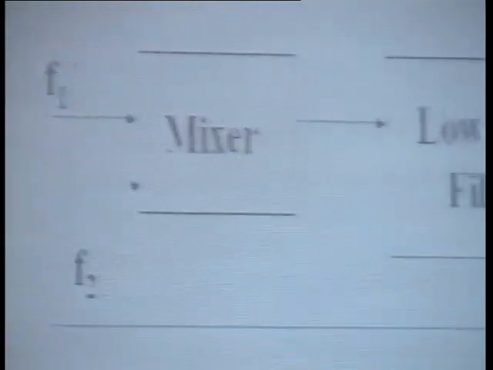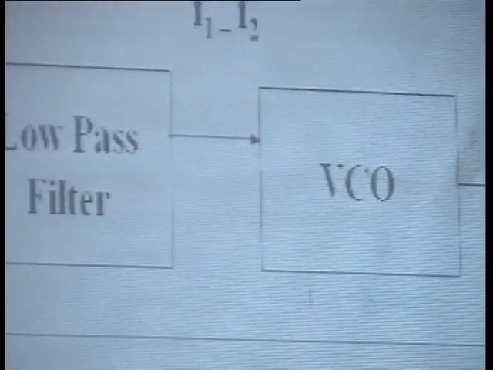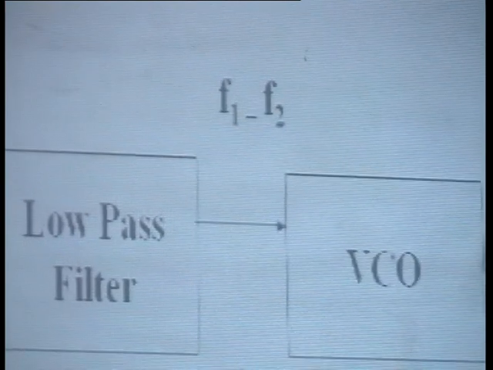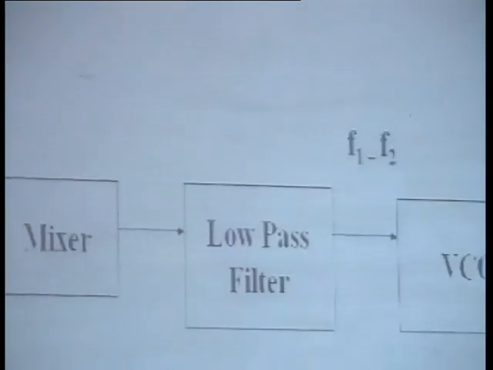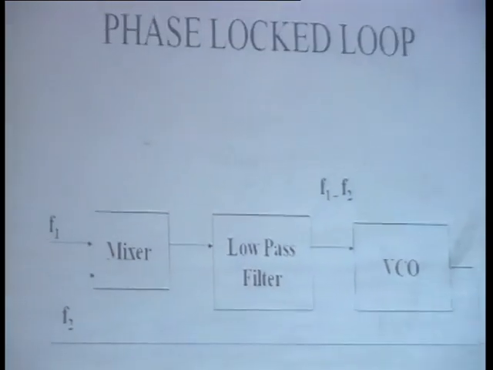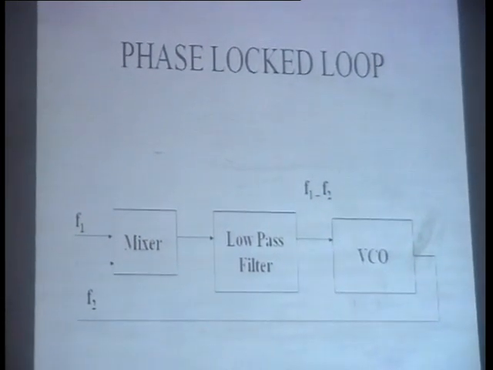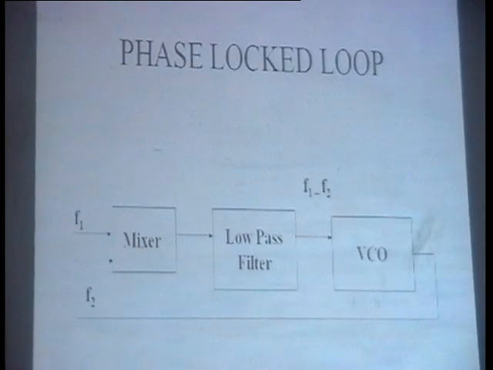Once F1 and F2 are equal, the updation stops. In a speed loop, the loop will make sure that actual speed is equal to set speed. In a temperature loop, actual temperature is made equal to set temperature. In a PLL, actual frequency is equal to set frequency.